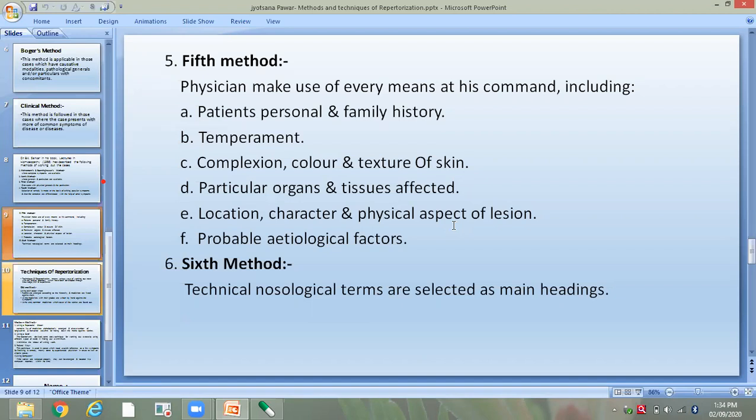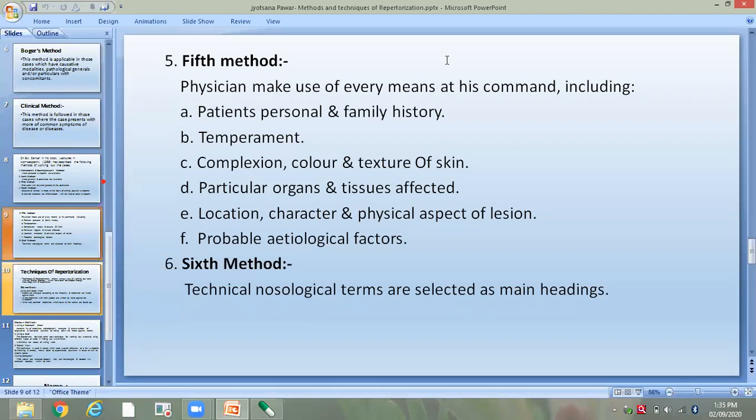It is not that we can always get each and every symptom, or the history of the patient, properly. So when we cannot get the symptoms properly, then we should consider these from the patient: his personal family history, his temperament, complexion, color and texture of skin.